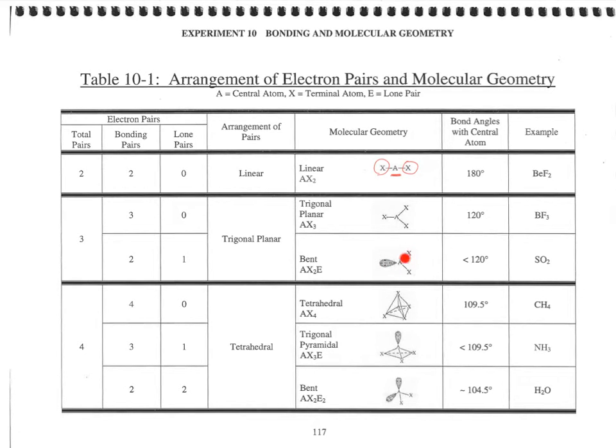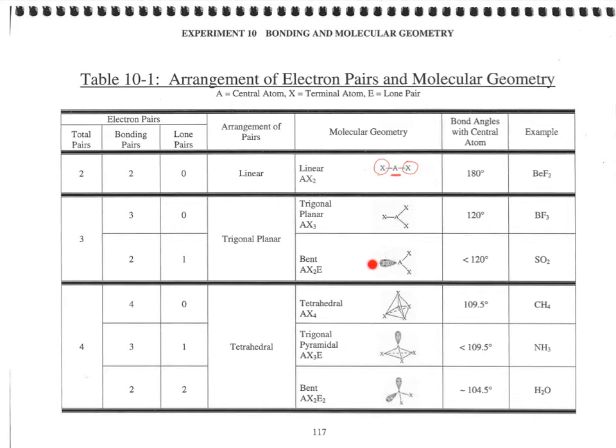So therefore we have AX2E. Here we call it the bent structure. And again, in a perfectly symmetrical trigonal planar, we have 120 degrees as the bond angle.